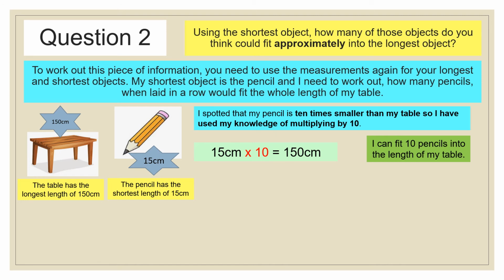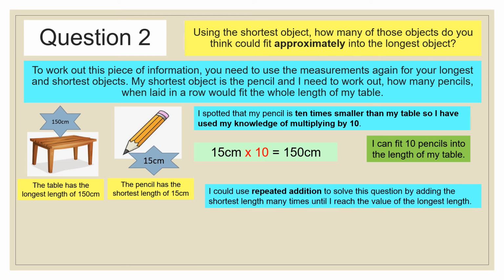Now this was quite an easy calculation because I know that 15 multiplied by 10 will give you an exact length of 150 centimetres. You might need to use repeated addition to solve your calculation if your measurement for your shortest object will not fit exactly into the measurement for your longest object.